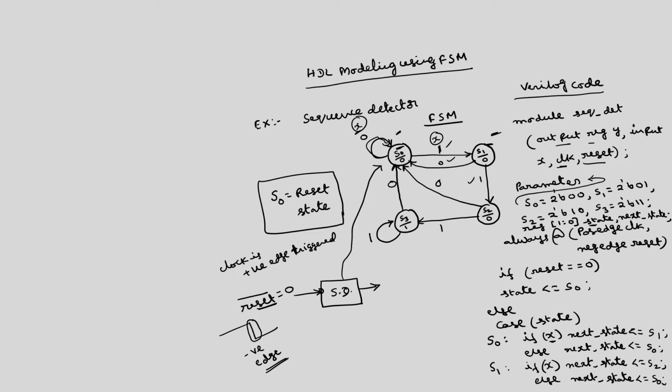Okay. Similarly, S2, if x, next state. At S2, 0 means next state is S0 itself. If true, next state is S3, else next state is S0.